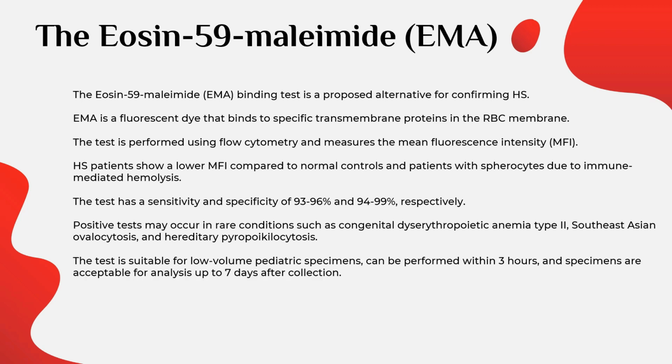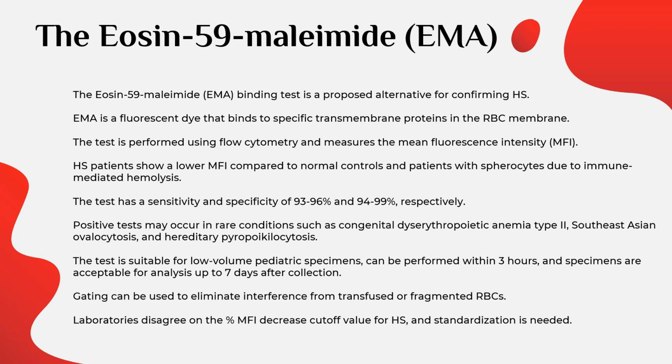The test is suitable for low-volume pediatric specimens, can be performed within 3 hours, and specimens are acceptable for analysis up to 7 days after collection. Gating can be used to eliminate interference from transfused or fragmented RBCs. Laboratories disagree on the %MFI decrease cutoff value for hereditary spherocytosis, and standardization is needed.